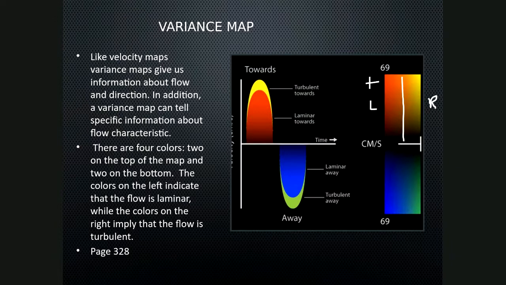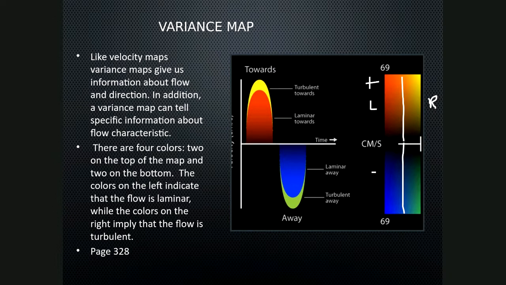But the color on the left side, if it shows up just red or blue, that means there's laminar flow, which is just a very normal type of flow in a vessel where all red blood cells are traveling in a uniform direction in a uniform manner.